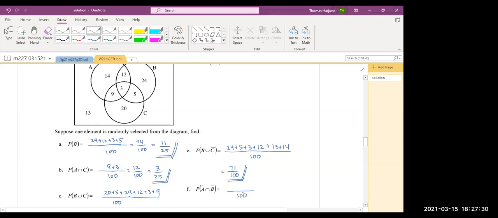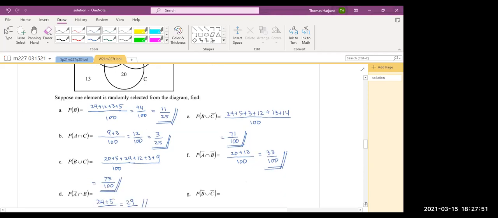Would it be the 20 and 13? So I will add 20 plus 13. That's right, yes, that's the one. Those are the number of elements outside of A and also outside of B. And we cannot simplify that any more, so that's the furthest we can go.